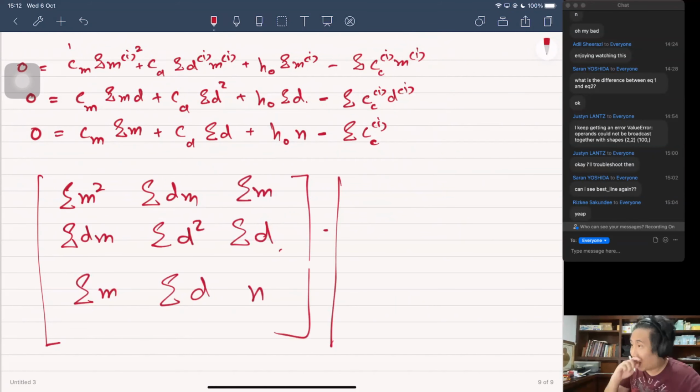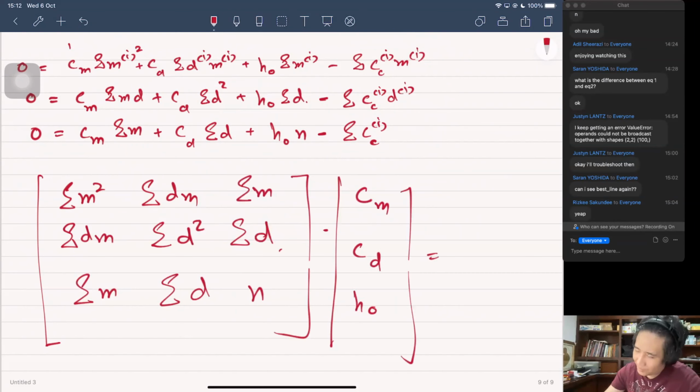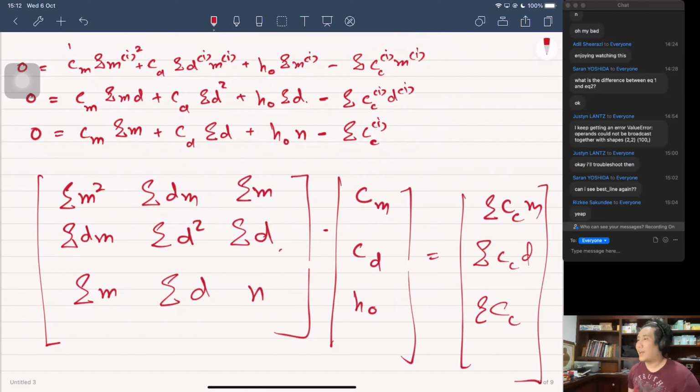Multiply this by Cm, C dad, and H0, and it has to equal the sum of C times M, the sum of C times D, and the sum of C. Okay, and that takes you 5 minutes to do.